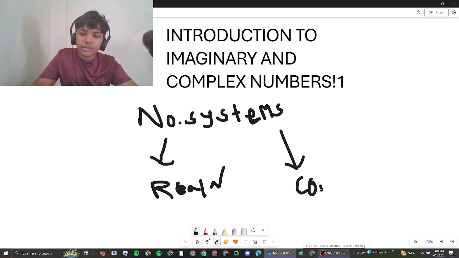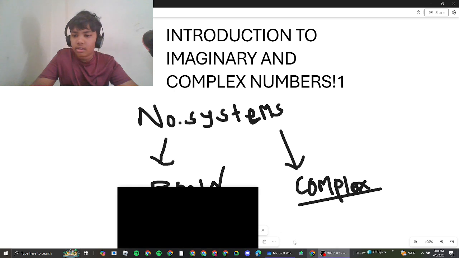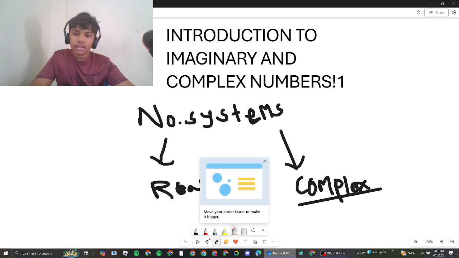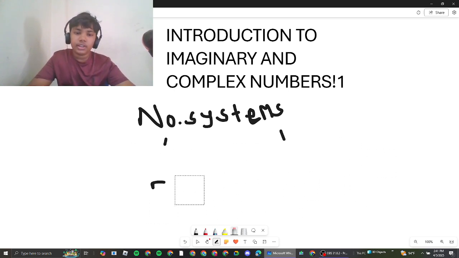Inside the real number system we have integers, whole numbers, fractions, rational numbers, irrational numbers, etc. But complex numbers, I guess you can say, are not undefined, but it's like it's undefined, but there's a name to it, so it's defined.